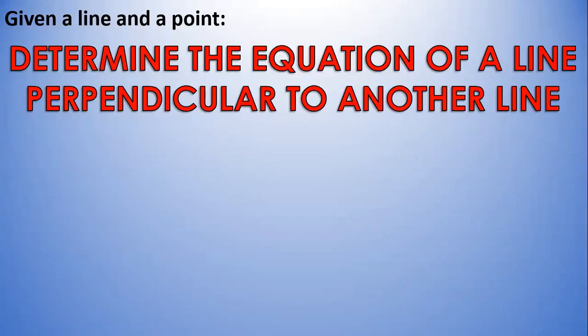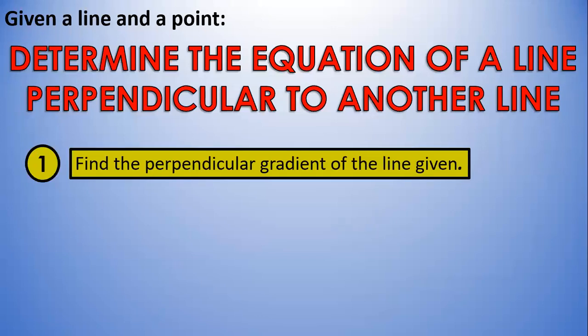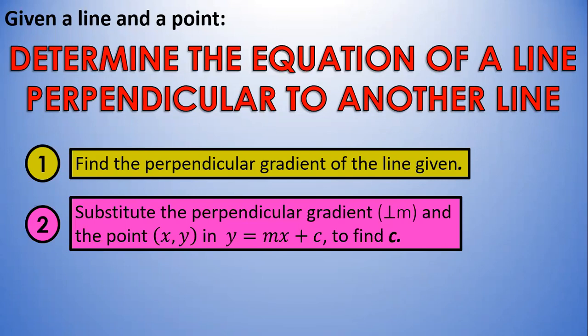Given a line and a point, to determine the equation of a line perpendicular to another line, there are a few steps that we need to take into consideration. 1, we have to find the perpendicular gradient of the line given. 2, find C. How are we going to find C?